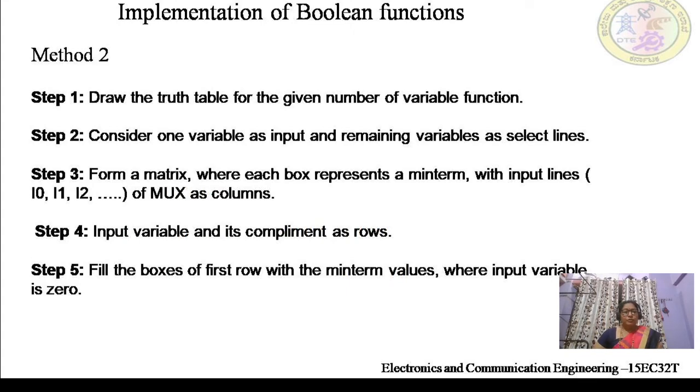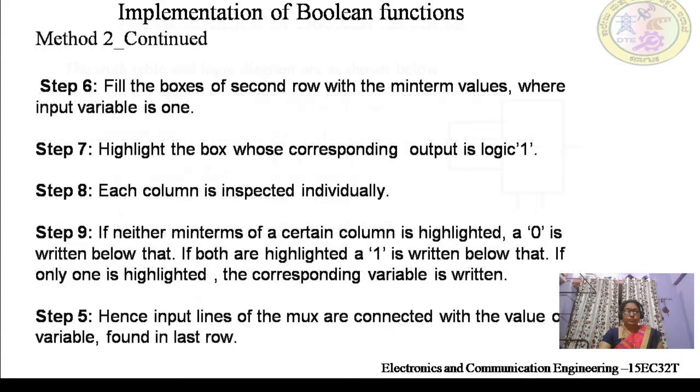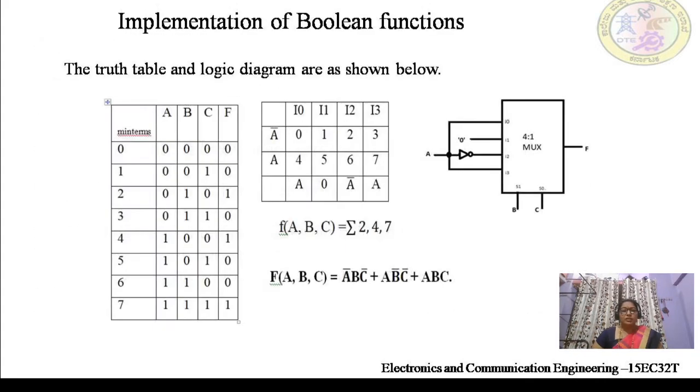So now we have to fill the boxes of the matrix. For that, first we have to consider the first row. First row is with A bar. So the first row is filled with the minterm values whose input variable value is 0.